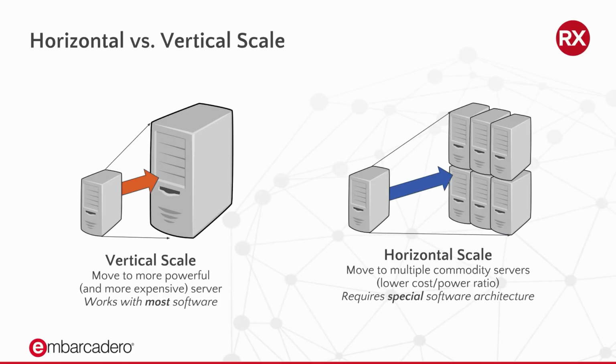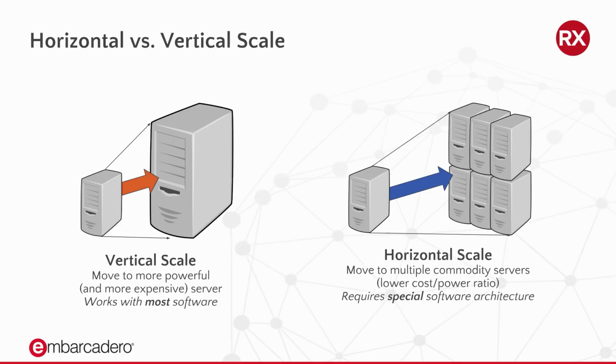Horizontal scaling is where you have your multi-tier application or the remote data storage, where you can have parts of the application running on different machines. This allows you to just add more commodity servers as opposed to huge beefy servers, which are lower cost per power, if you will.